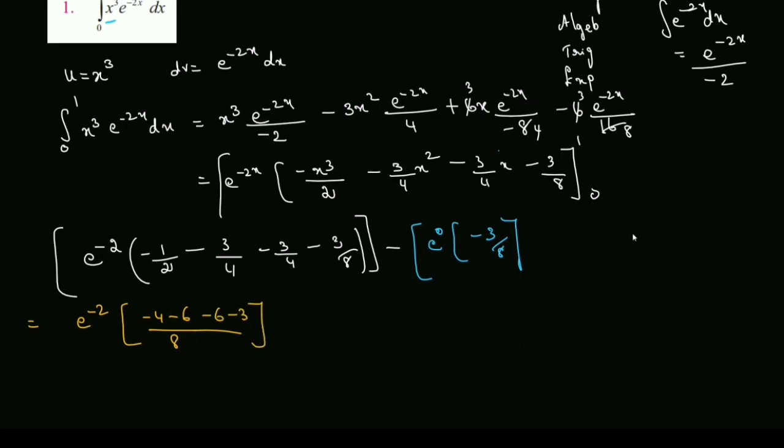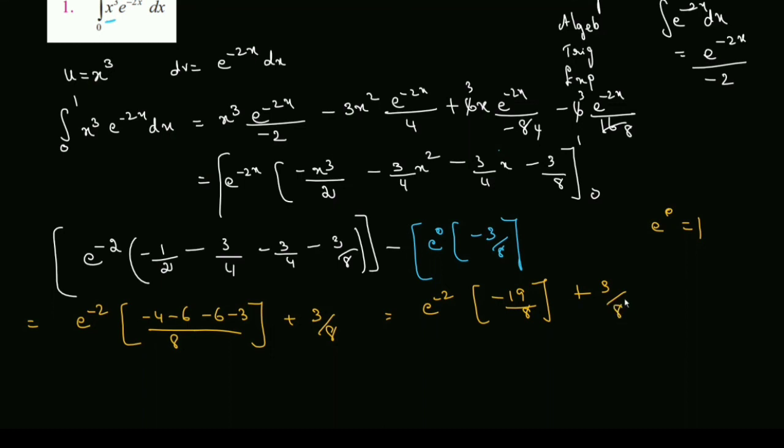E power 0 value is 1, so minus into minus gives plus 3 by 8. So this is e power minus 2 into minus 19 by 8 plus 3 by 8. That's the answer. You can write 3 by 8 first, minus 19 by 8 e power minus 2.